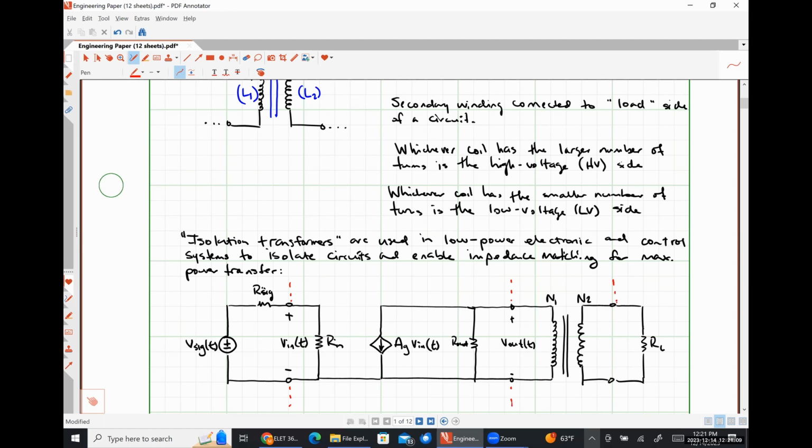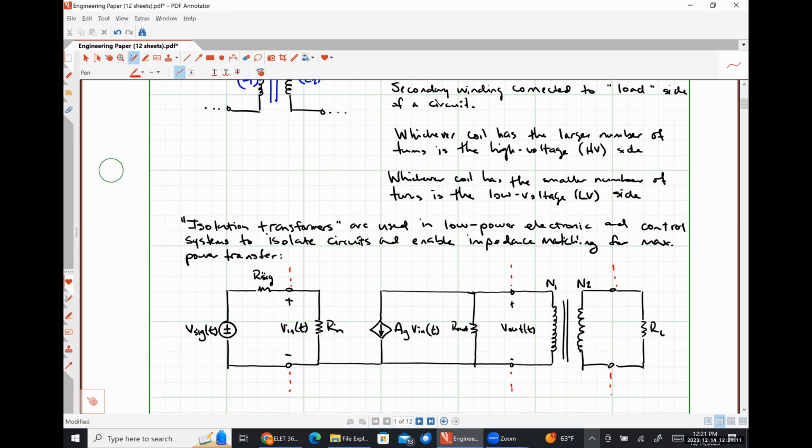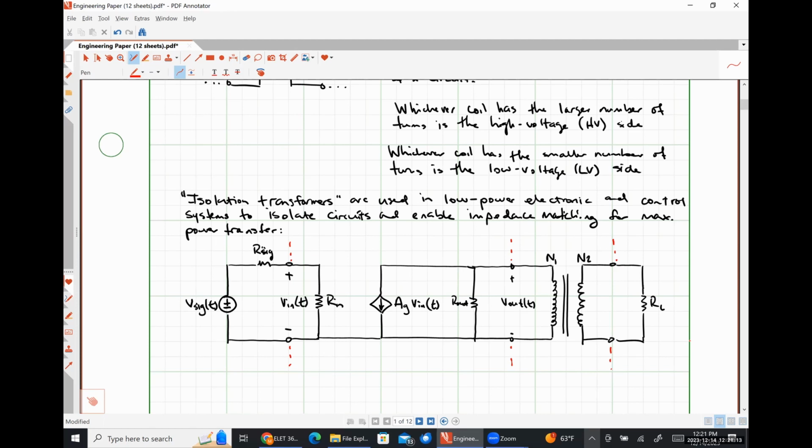Not that it's particularly important to this class, but I'm going to break this up into stages so we can talk about what this represents, because this diagram represents a whole lot of circuits that you might see in a variety of applications. So over here on the left-hand side, we have our source.